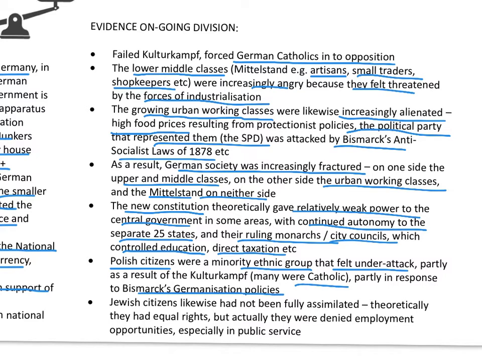So when Bismarck was attacking Catholics as part of his Kulturkampf, he was taking on Polish Catholics as well, and in particular Polish priests were very, very resistant, and many Polish-speaking citizens of the German Empire simply saw their local priest as the person to listen to. So again, that was very divisive, and Bismarck never really succeeded and drove many Poles into a position of opposition.